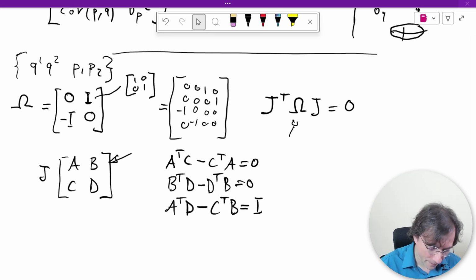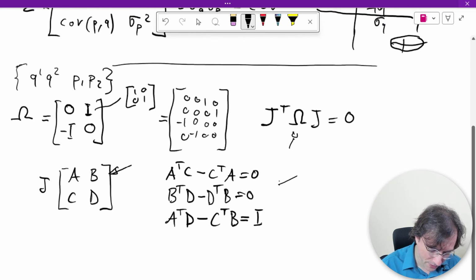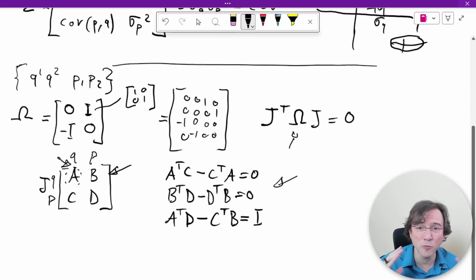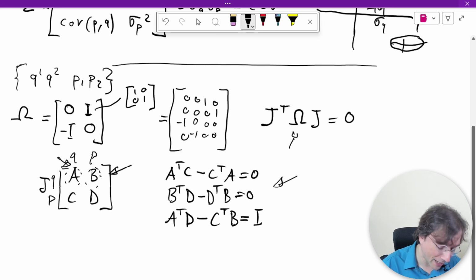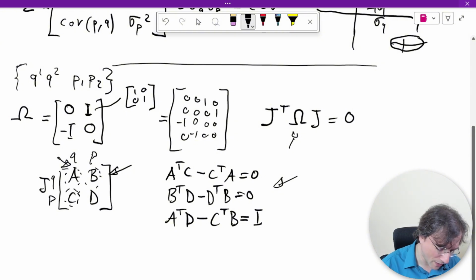covariance matrix evolves? My hunch is that this decomposition is not the one that we want, because we are essentially decomposing into blocks: these are all the q's, these are all the p's. These tell us how the q's mix, this tells us how the q's and p's mix, and the same with this one, and this tells us how the p's and q's mix.